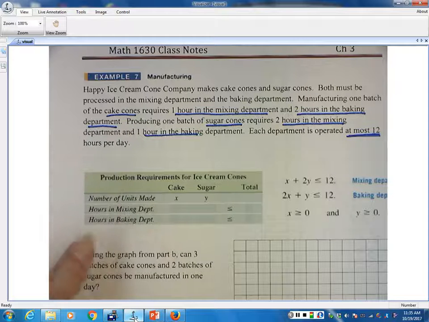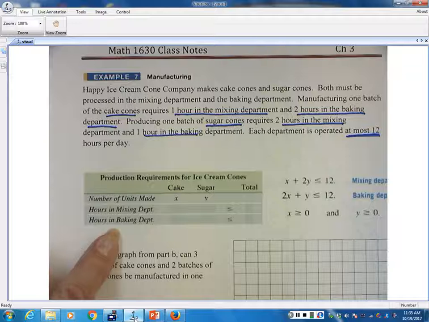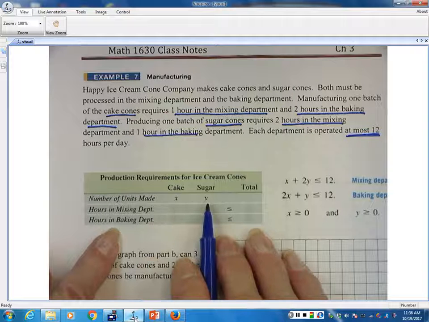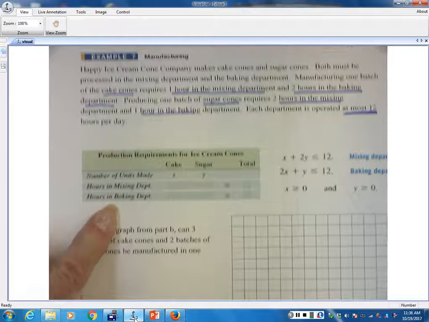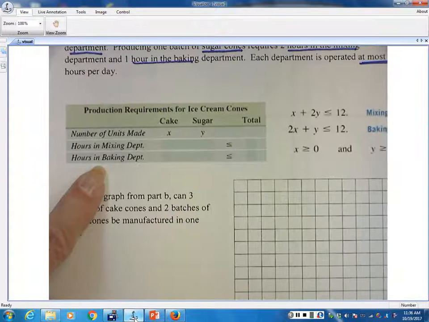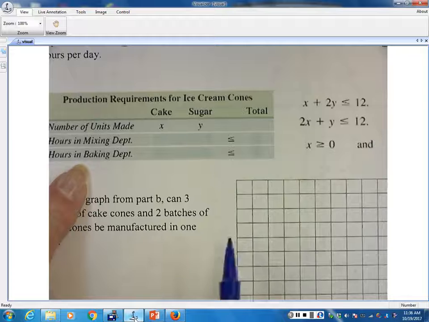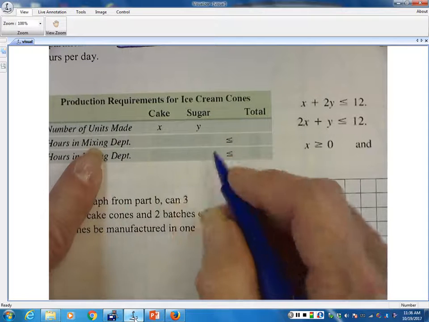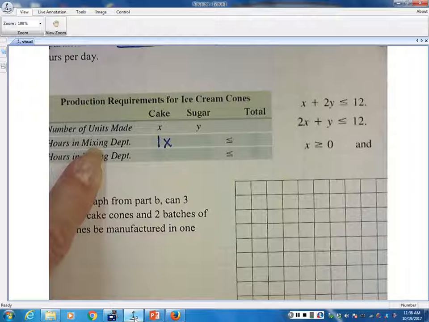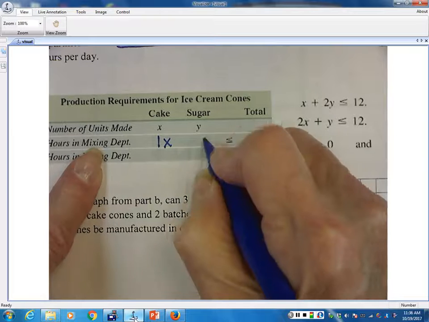So we've got our table like we had in the last chapter. We're going to let the cake cones be x, the sugar cones are going to be y. So we know that the cake cones take 1 hour in the mixing department and 2 hours in the baking department.